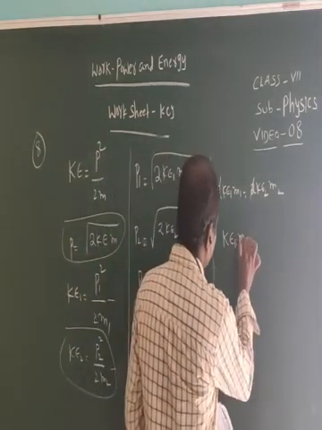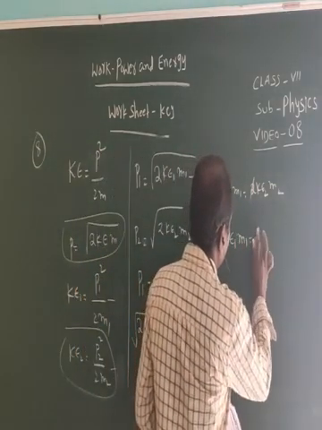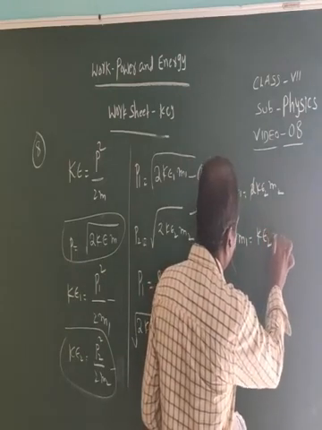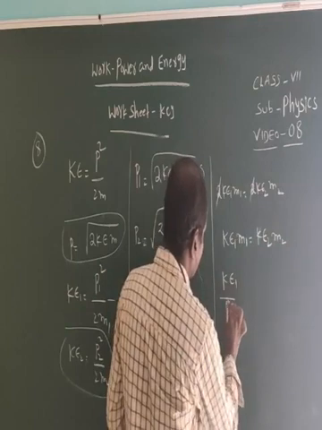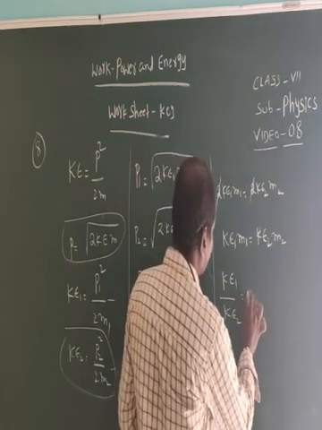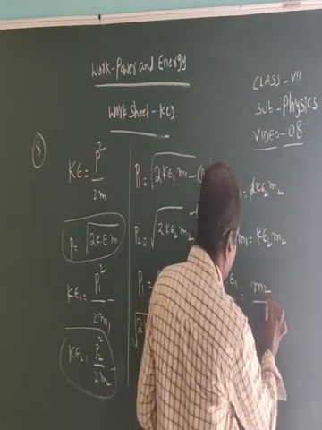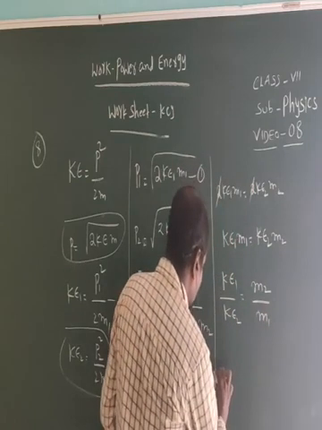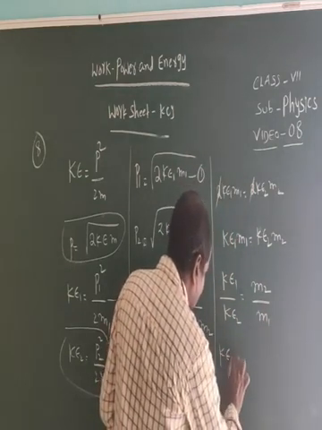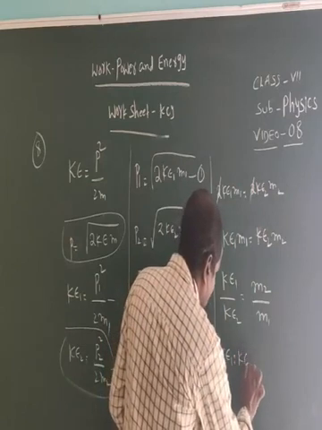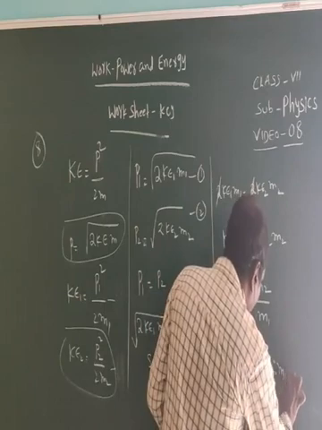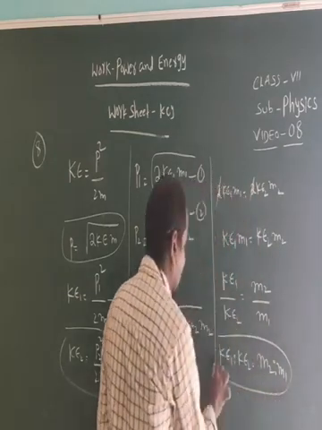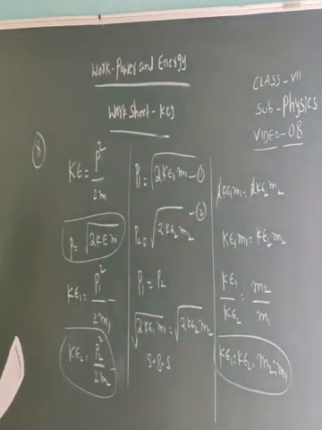So K1 into M1 is equal to K2 into M2. So K1 by K2 is equal to M2 by M1. K1 is to K2 equals M2 is to M1. It is the ratio between kinetic energy 1 and kinetic energy 2.